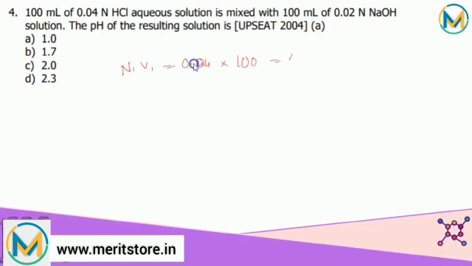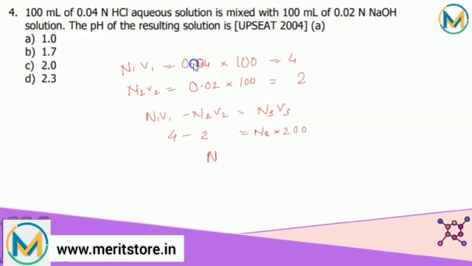It is equal to 4, and N2V2 is equal to 0.02 normal into 100 ml, which is equal to 2. So N1V1 minus N2V2 is equal to N3V3. That is 4 minus 2 equals N3 into 200. So therefore N3 is equal to 10 raised to minus 2 molar.